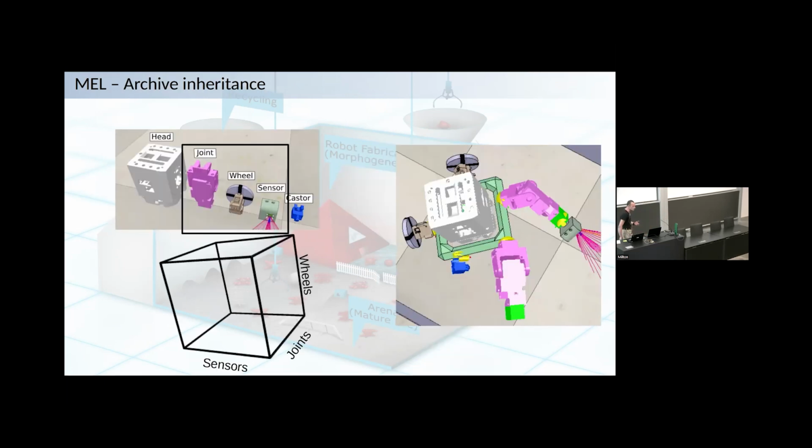So what we proposed here is an archive inheritance, where we have an external archive where we store all the best controllers found so far, optimized during the learning. This is stored in a 3D matrix where the dimensions are the number of wheels, number of joints, and number of sensors, which characterize the type of robot you have.